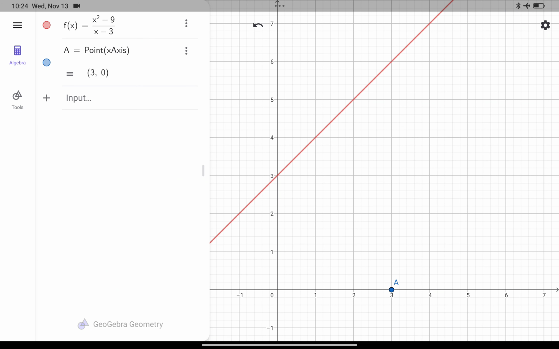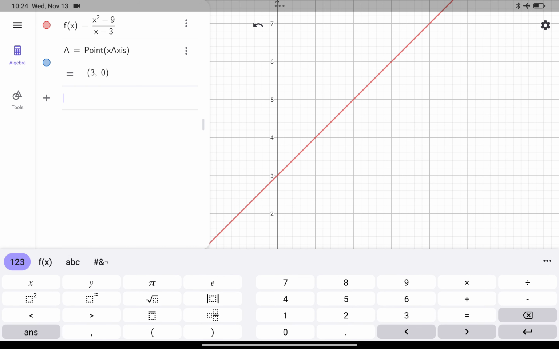If we use the same way that we used before, x equal to 3, we get 3 squared minus 9 divided by 3 minus 3, and it becomes undefined.